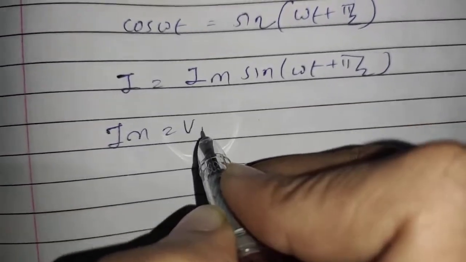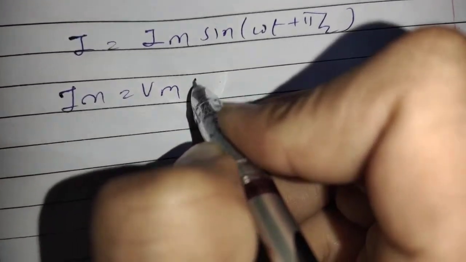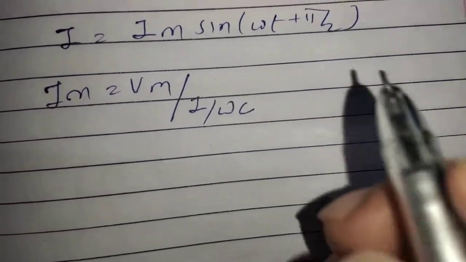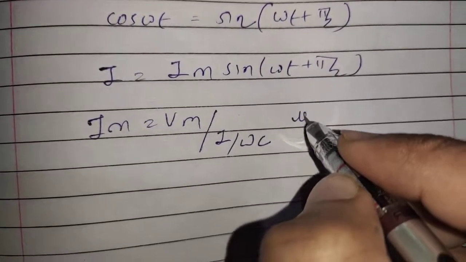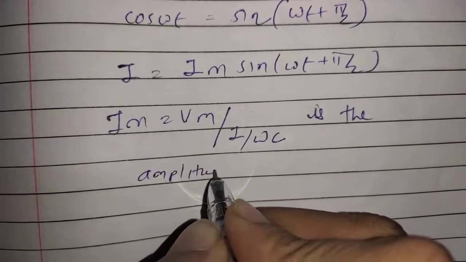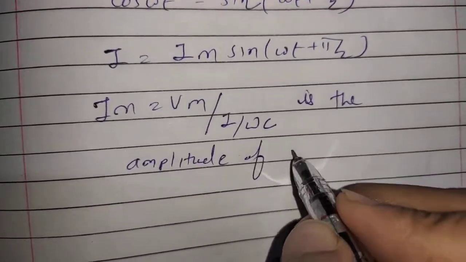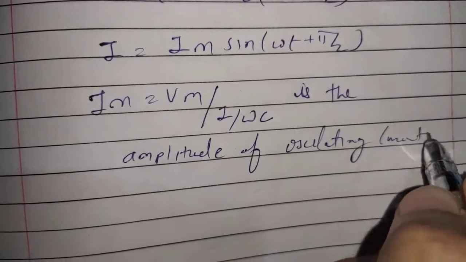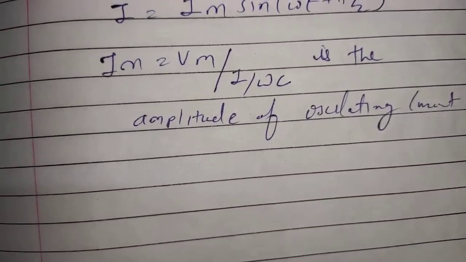So guys, Im is equal to Vm upon 1 upon omega C, the amplitude of oscillating current. Okay.